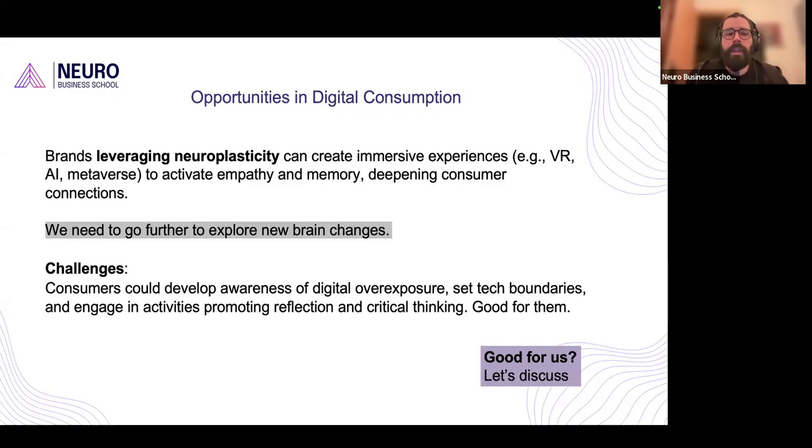So yes, we need to be aware of our potential audience, what they want, and how they consume the kind of products that we are about to deliver to them. We need to go further to explore new brain changes.